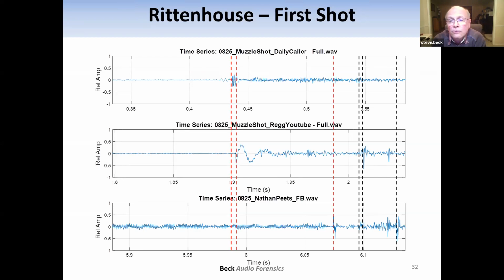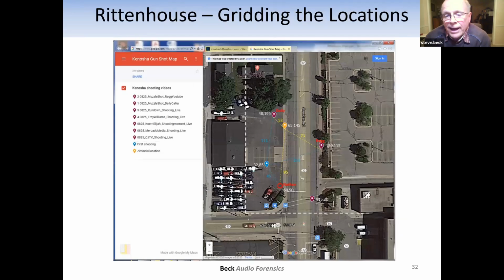And I also was looking at the first reflections, okay, because I found things that looked like pretty good reflections in there. So I went back and I gridded the location. So I put a little white dot grid in there, and I located all of my sources and all of my recorders.